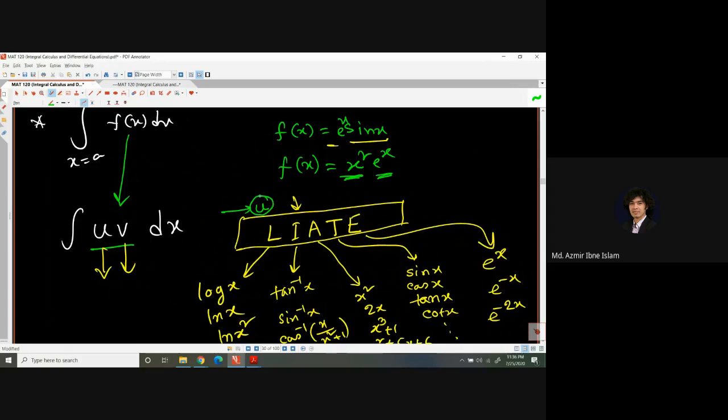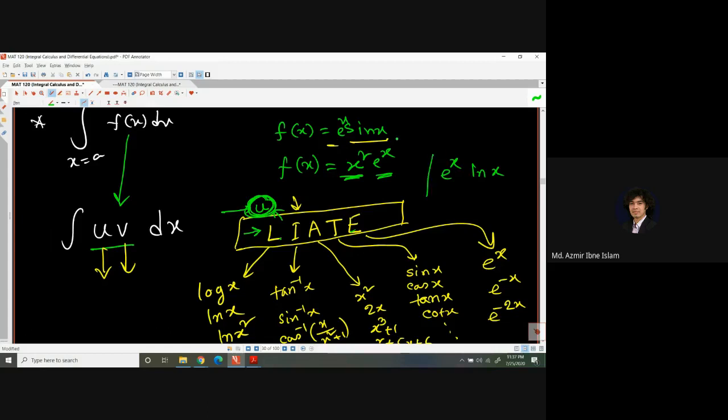So u can be considered, remember, this concept is just used for considering u. Okay, so u can be considered based on this serial. Suppose we have a logarithmic function and an exponential function. That means e to the power x log x, or e to the power x natural log of x.